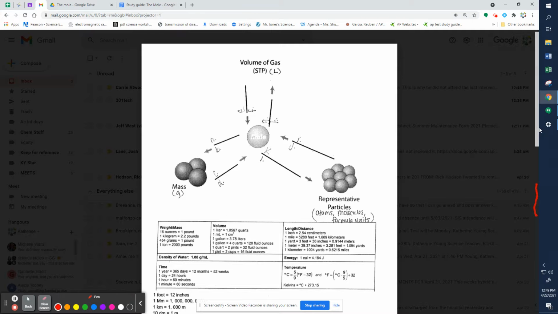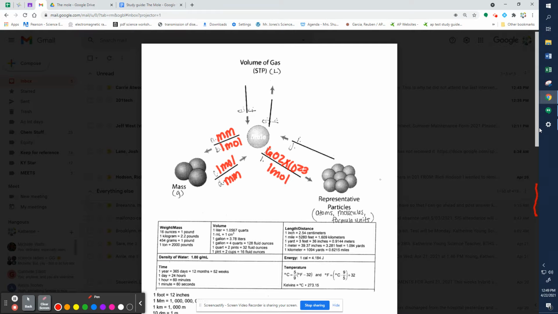For mass, when we go from moles to mass, we have molar mass on top. On the bottom, we have 1 mole. If we go from mass to moles, on the top, we have 1 mole. On the bottom, we have the molar mass. Particles to and from the mole. If we go from the mole to particles, we have 6.02 times 10 to the 23rd, and on the bottom, we have 1 mole.